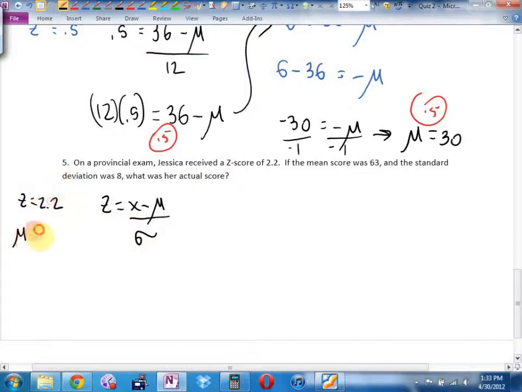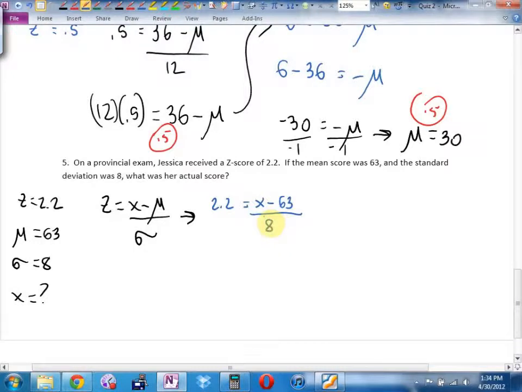The mean is 63. And the standard deviation is 8. And we would like to find the actual score. We're going to get Z 2.2 equals mystery score minus 63 divided by 8.